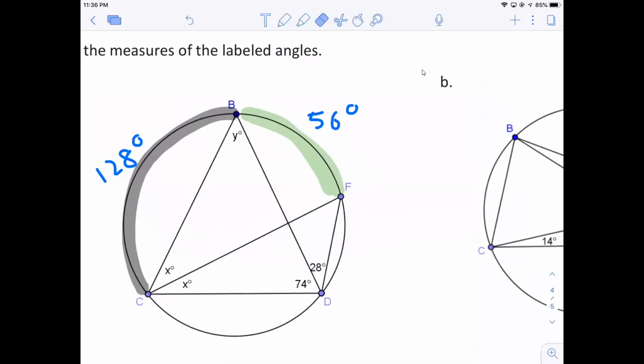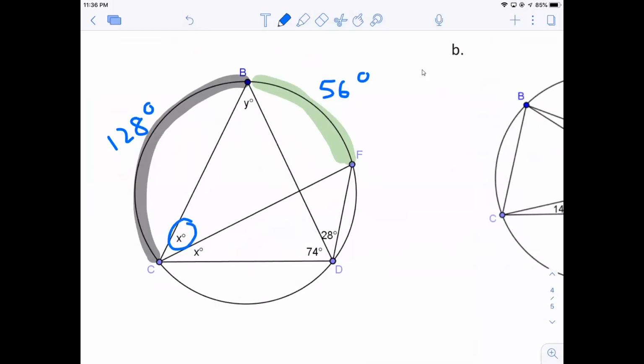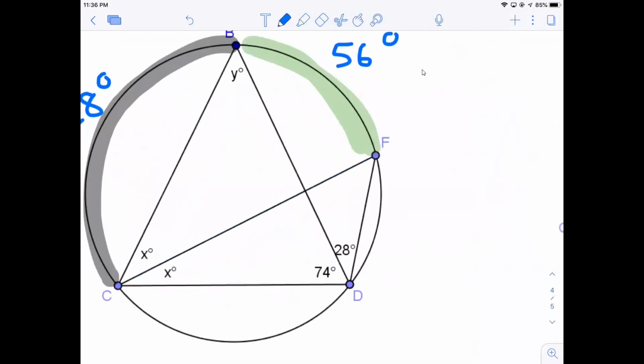And if that's 56 degrees, we have now a way of finding x, because x is the inscribed angle to arc BF as well. So that means x is also 28 degrees.